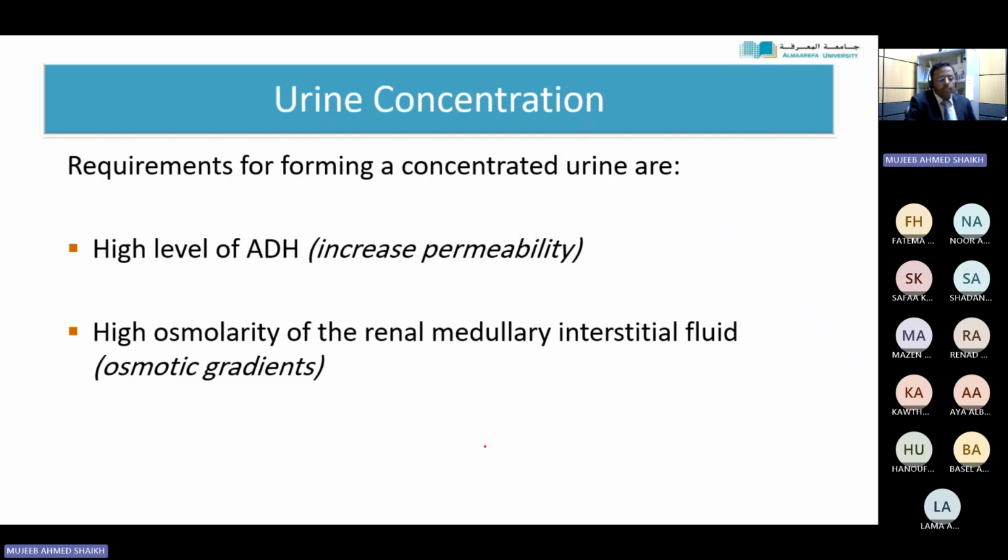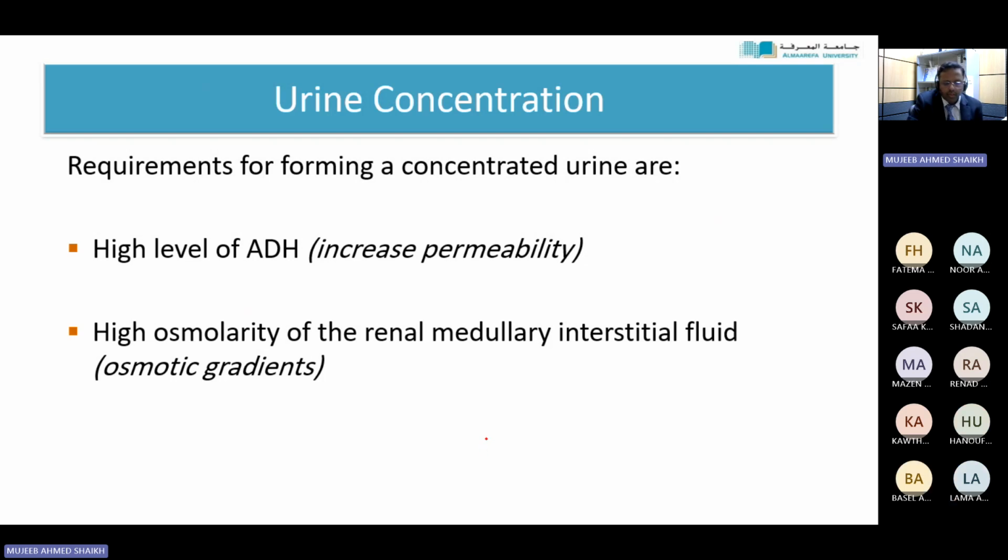So for concentration of the urine, suppose the person is in summer, or maybe you are traveling in a desert where you will have a limited amount of water with you, or maybe you are not drinking water. That time the kidney will try to conserve the water and not allow it to go into the urine.